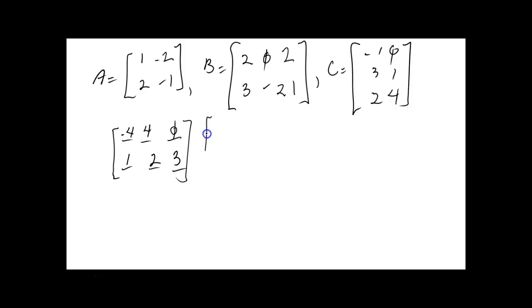And we want to multiply that now by C, which is minus 1, 0, 3, 1, 2, 4. Can we do that? 2 by 3 by 3 by 2, that's going to give us a 2 by 2, so yes, we can.